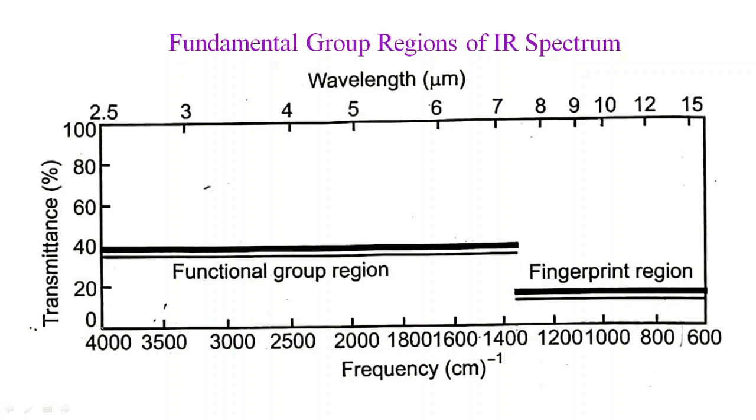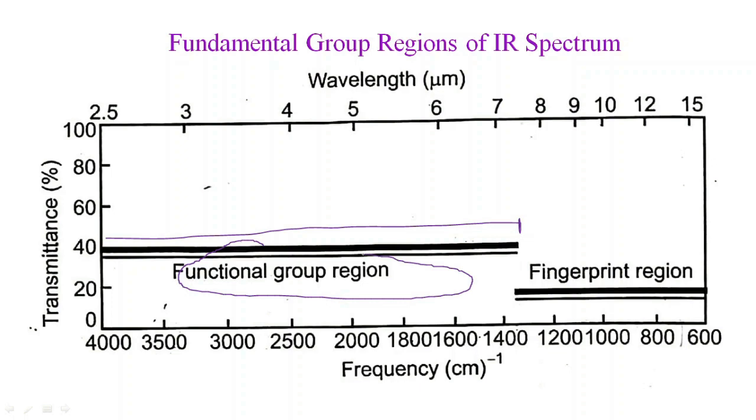The values from near about 4000 centimeter inverse to 1400 centimeter inverse, this region is known as functional group region, and the region of the spectrum from 1400 to 600 is known as fingerprint region.